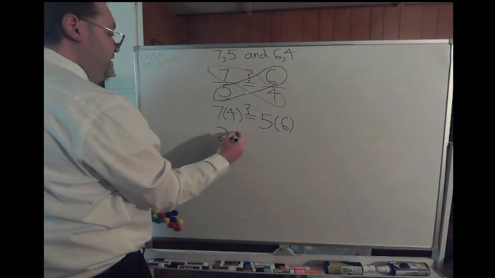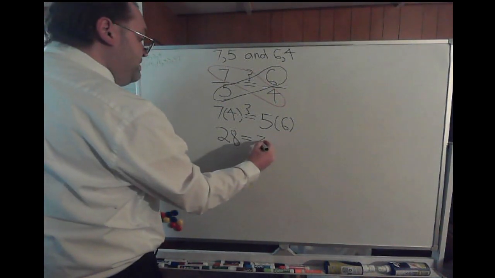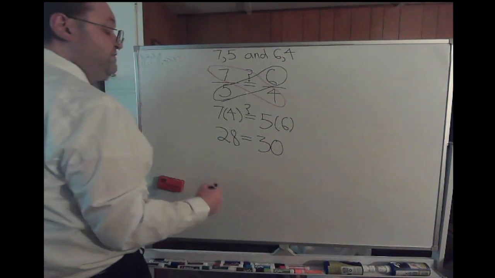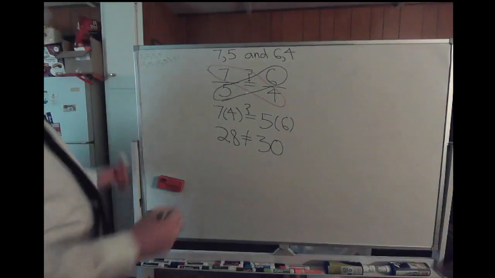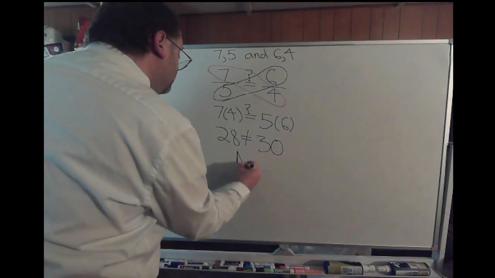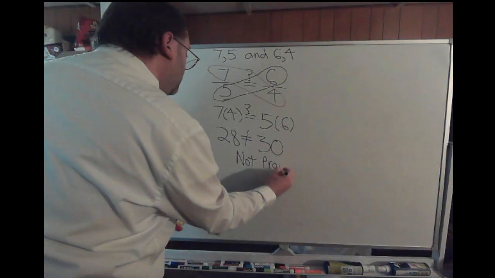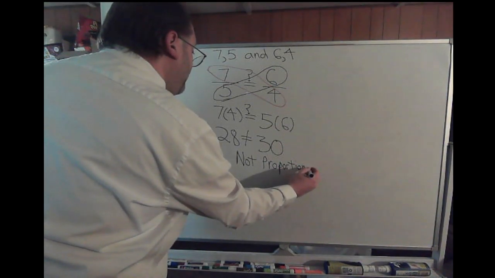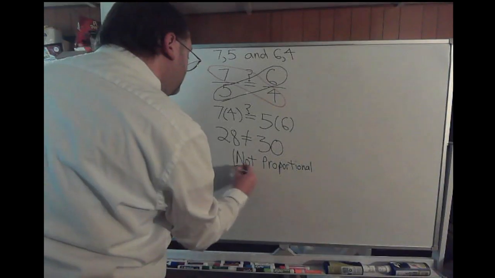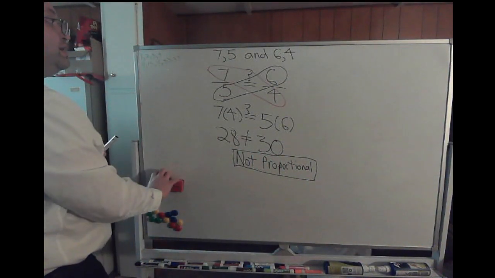That's 28. What is 5 times 6? That's 30. 28 definitely does not equal 30. Therefore, this pair of numbers is not proportional. They are, in fact, not proportional. By taking the cross products, that's how we tell it.